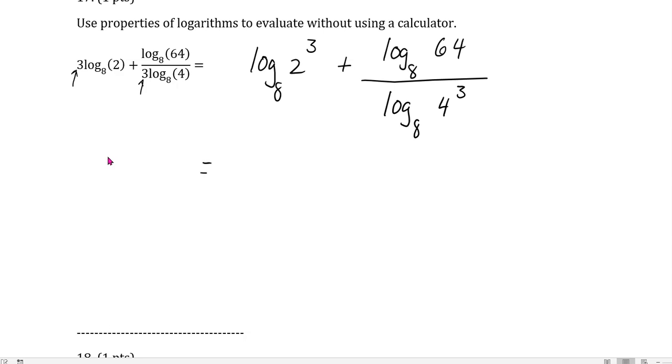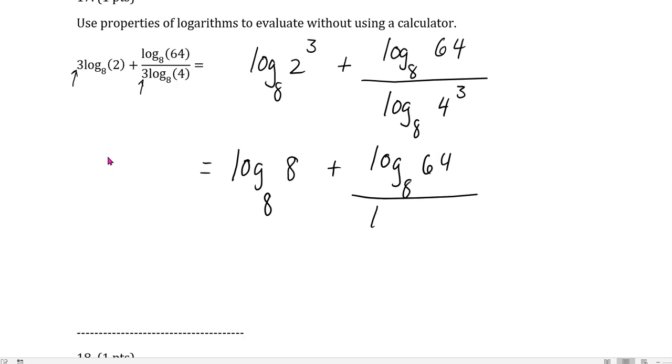When I do that step there, I get the log base 8 of 8, since 2 to the third is 8. For the second part, I get the log base 8 of 64 divided by the log base 8 of 64, since 4 cubed is 64.